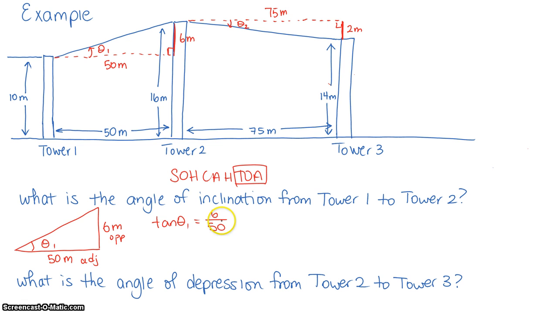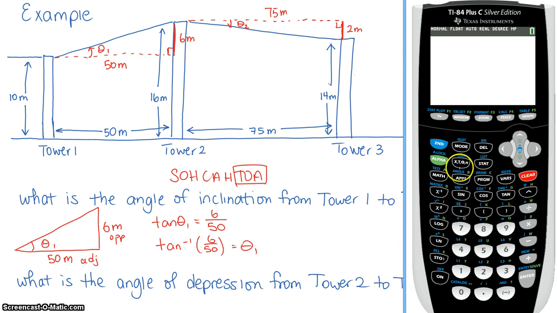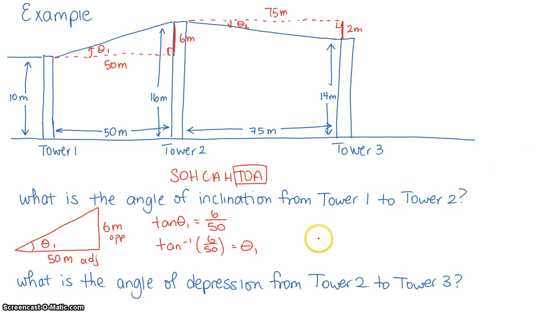When you have a ratio and an unknown angle, we use tan inverse. We figure out what my theta 1 is. So if I do tan inverse, second tan, and I plug in 6 divided by 50, you're going to get your angle of inclination is 6.8 degrees. So that is my angle of inclination from tower 1 to tower 2.